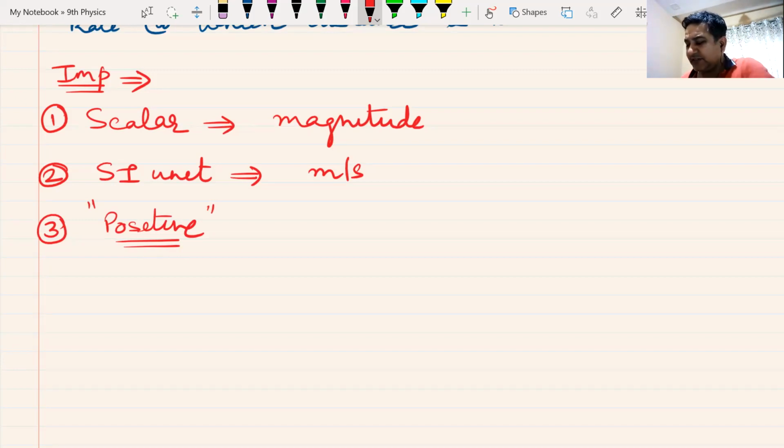Now, there are some commonly used units of speed. Let us try to do a little bit on this. What are the commonly used units?